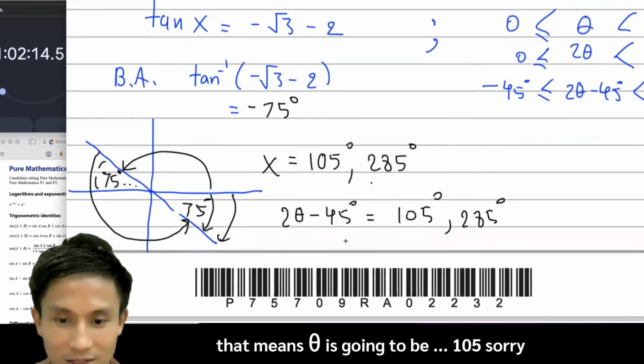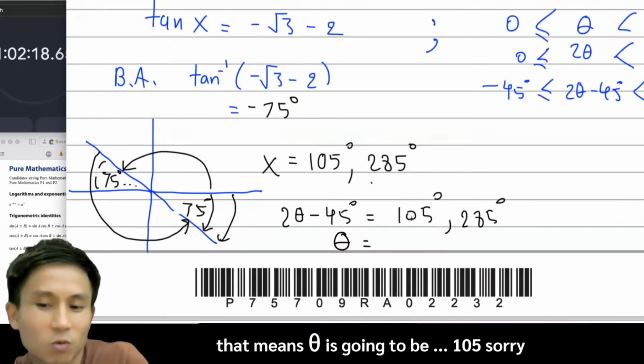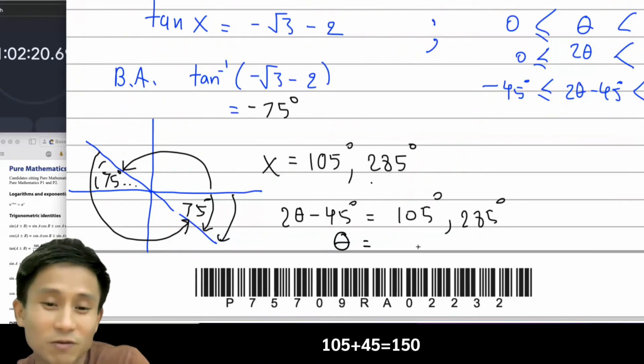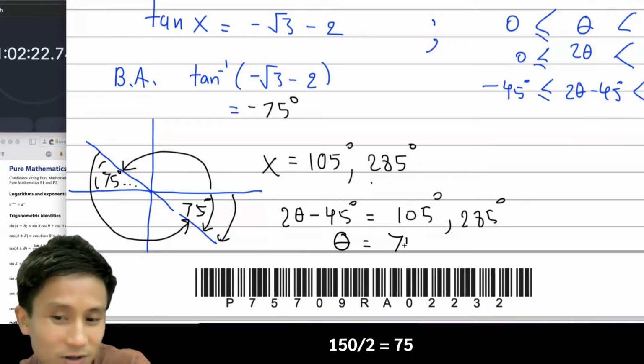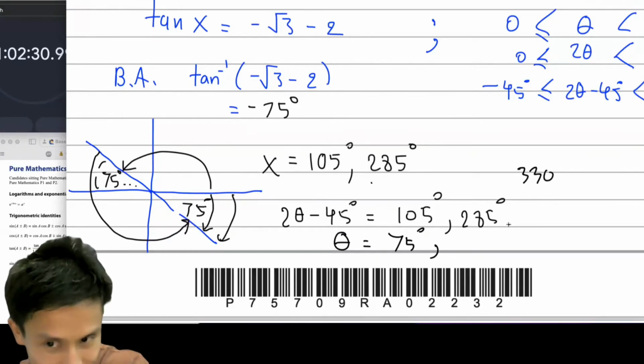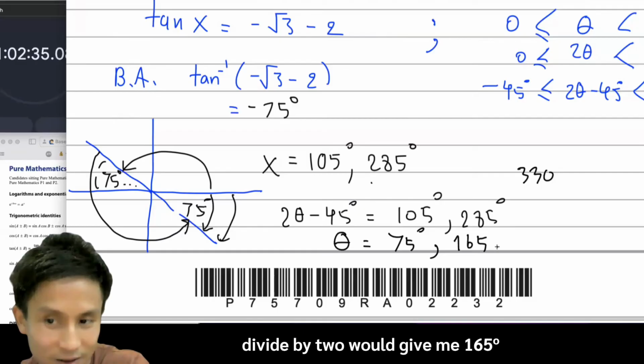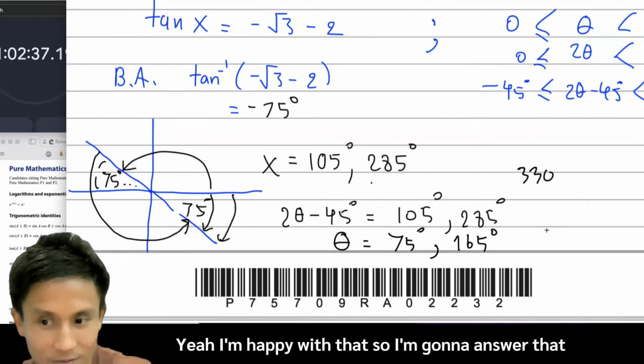That means theta is going to be 105 plus 45, which is 150. 150 divided by 2 is 75. And 285 plus 45 is 330. Divide by 2 would give me 165. Yeah, I'm happy with that.